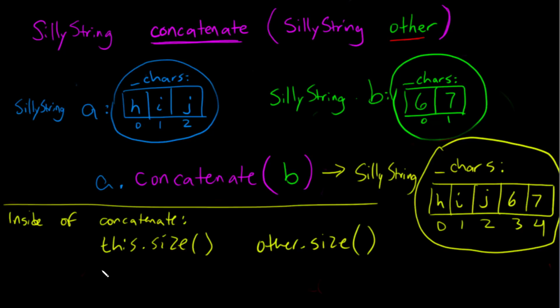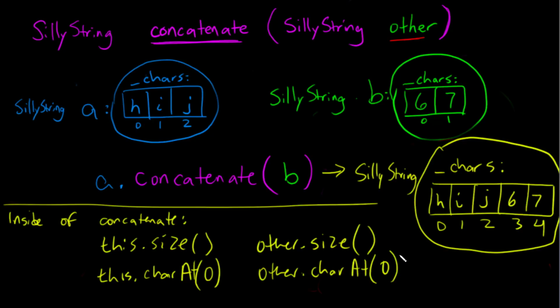So we could say this.charAt with an index like 0 that will tell us the 0th character in A's elements, and other.charAt will tell us what is the index of 0 in B's elements, because other will be assigned B.